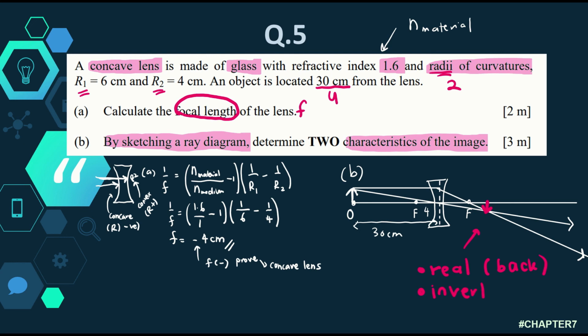Here are the two characteristics, and you can see clearly that the image is diminished. So at least you can say diminished for one of these characteristics. That's all for this week. Thank you very much.